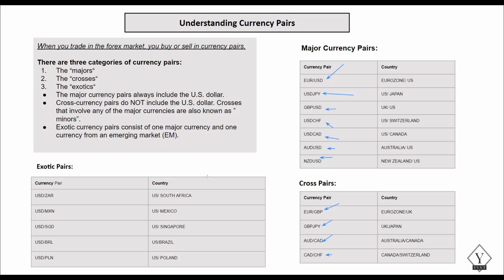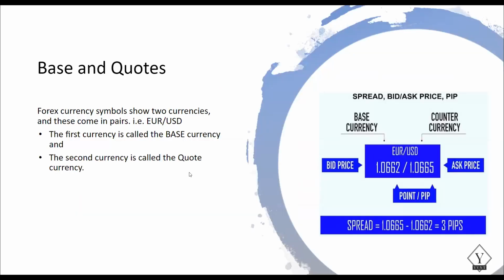So let's go back. This is how you differentiate between the two currencies, and this is what each currency means when it goes to the chart, right? So just know that the one on the left is the base and the one on the right is the code.